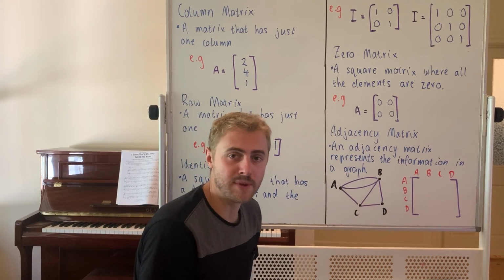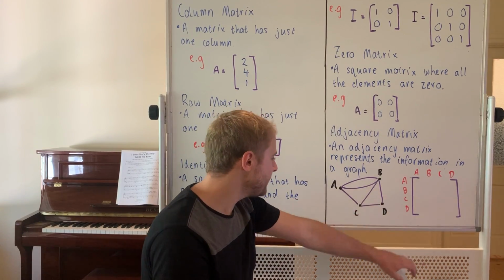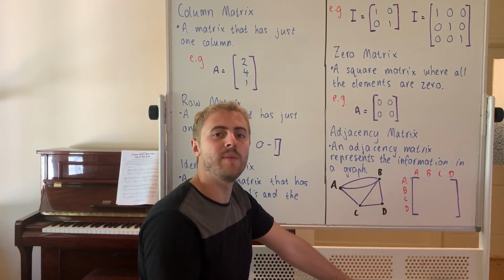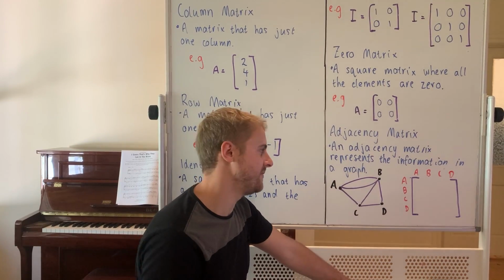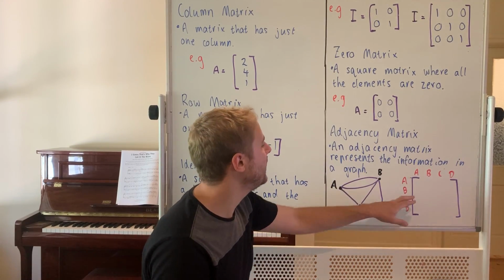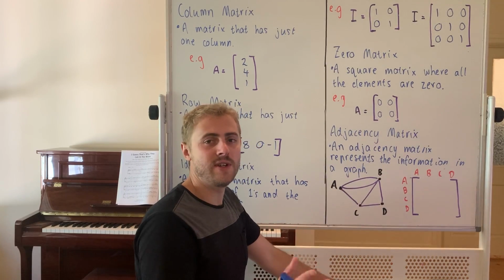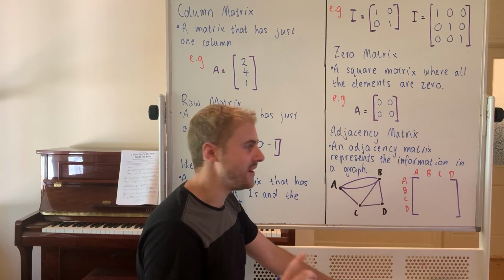Now we need to fill in the elements. The elements, the numbers in there, represent how many connections there are between each vertex. So for an example, it's how you can get to each vertex traveling only along one edge.